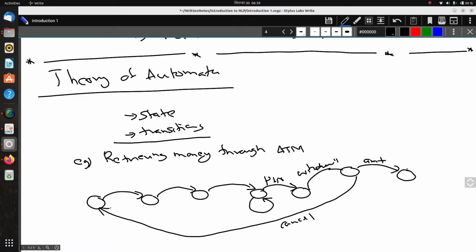Cancel your operation, and yeah, you move on like this. So the round circles that you see here are your states, and these arrow lines that you see here are the transitions that you make upon doing some kind of action.